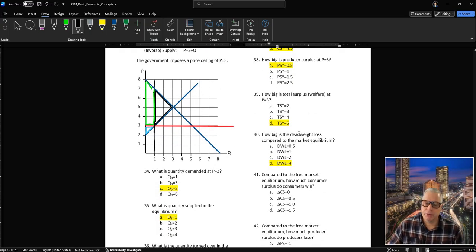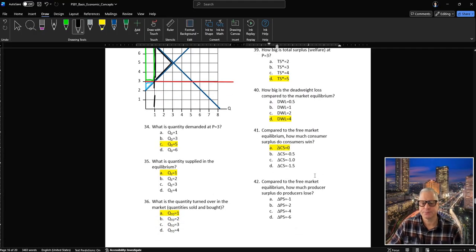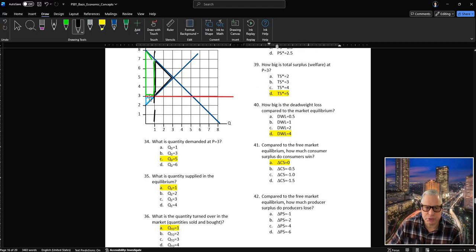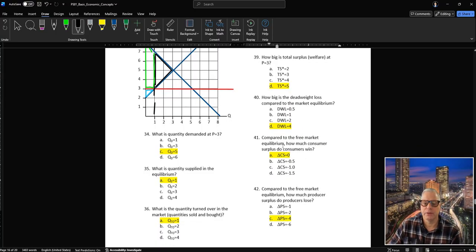So compared to the free market equilibrium, how much consumer surplus do consumers win? Well, they don't win anything, so that's 0. So the change in consumer surplus is 0. They are not getting any better off. And compared to the free market equilibrium, how much producer surplus do producers lose? Well, they lose a solid 4, which in this case is exactly equal to the deadweight loss.